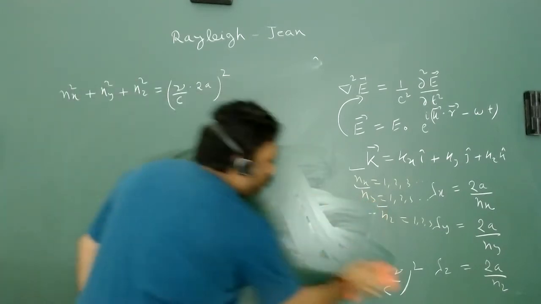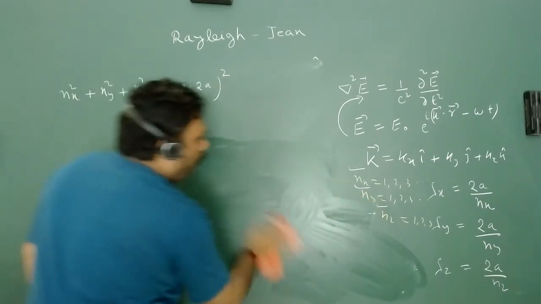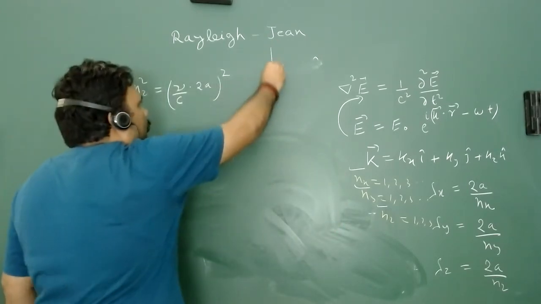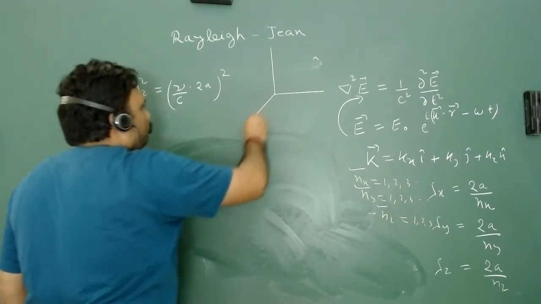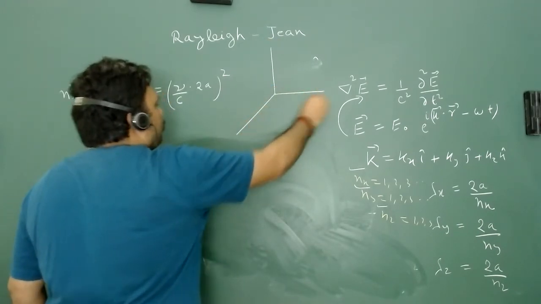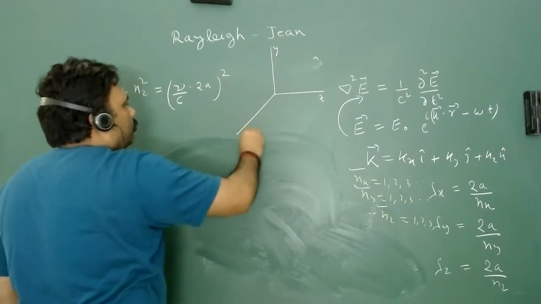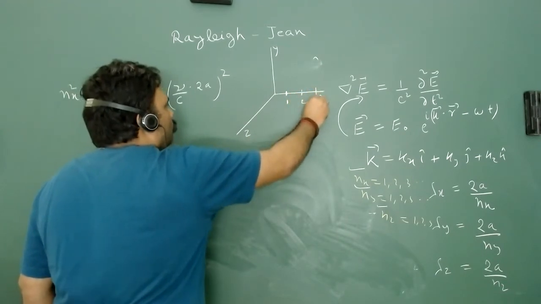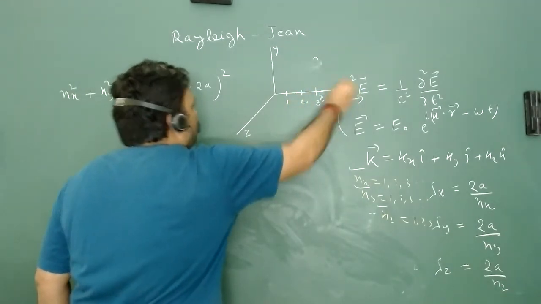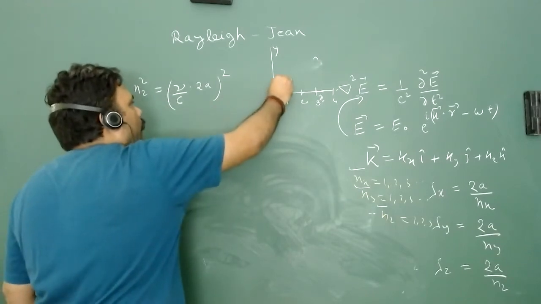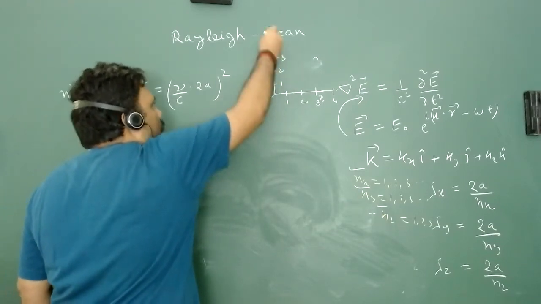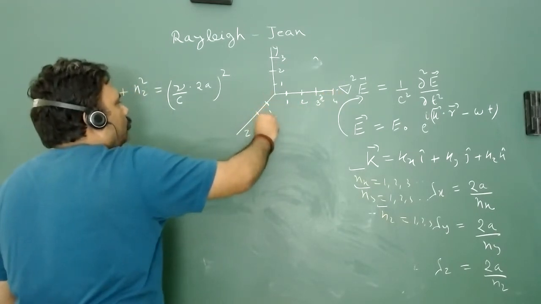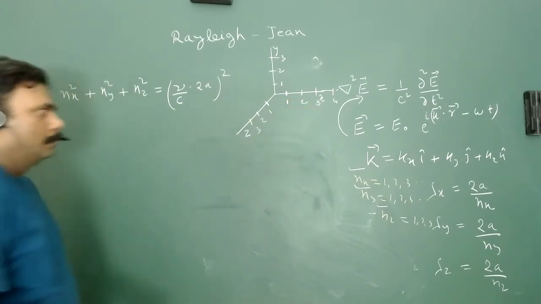What we are going to do is find, suppose we take this kind of situation. This is my x, this is my y, this is my z. On x we have 1, 2, 3, 4 and so on. Similarly on y we have 1, 2, 3. This will be ny, this is nx. Similarly for z, this will be 1, 2, 3 and so on.